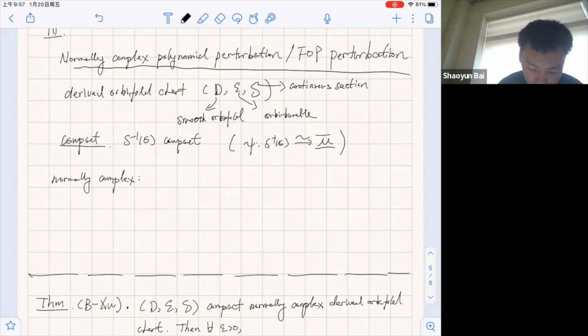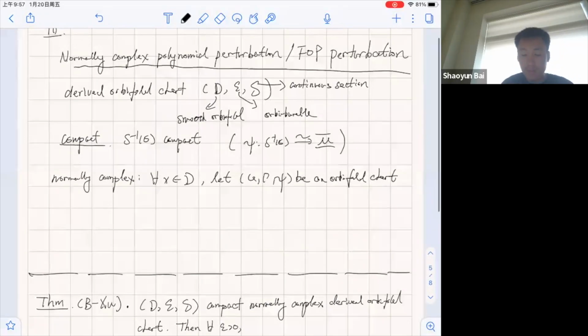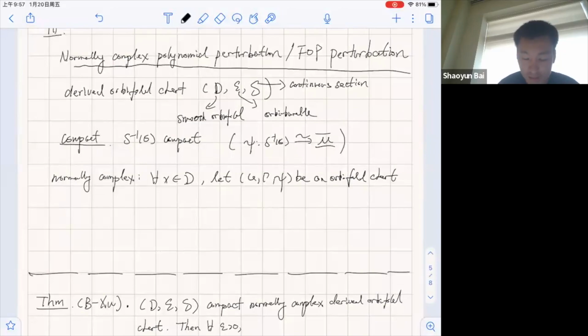It means the following: for any point x in our orbifold, let's choose an orbifold chart surrounding x, meaning that U is some open subset in a Euclidean space, and Gamma is a finite group acting linearly on R^n, which also fixes the open subset U. In our setting, we usually just care about effective orbifolds, which can be achieved for non-effective orbifolds or derived orbifolds after putting some stabilization.